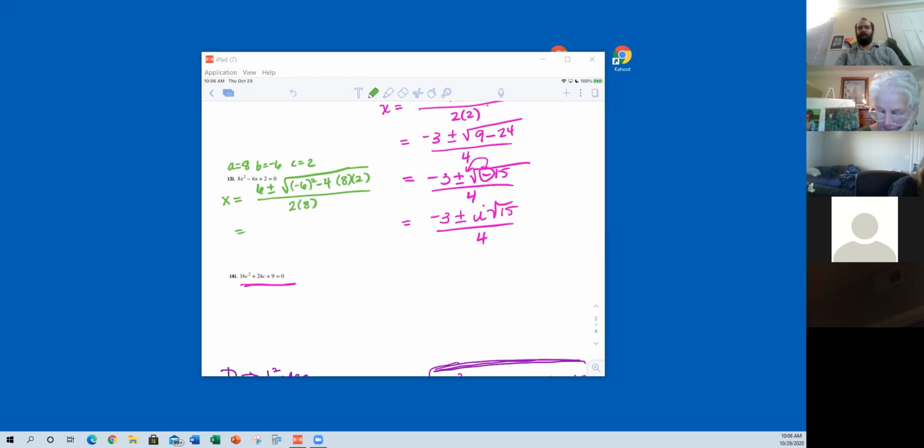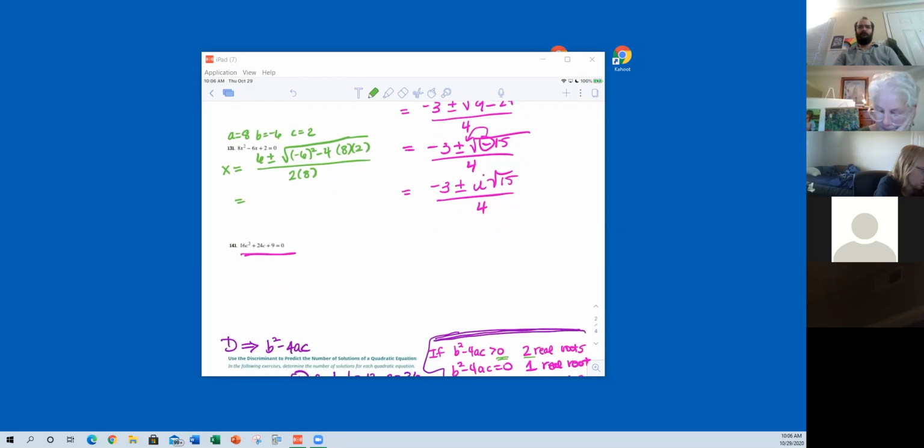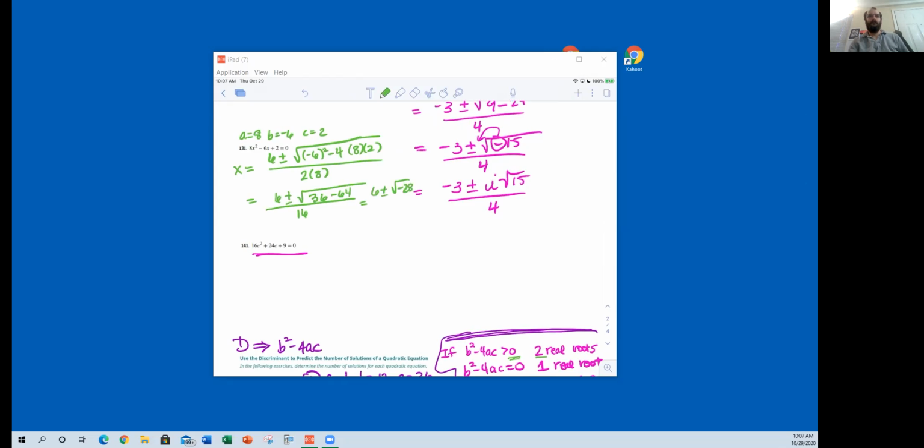When we simplified it, we worked it down to x equals 6 plus or minus 36 minus 64 over 16. Then x equals 6 plus or minus -28 over 16. And then we pulled out 2i. That looked like all we could really do.